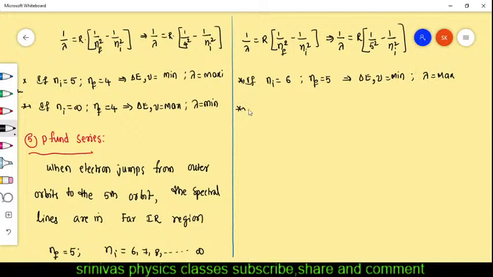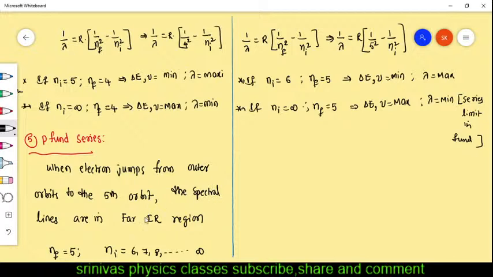If transition occurs from infinite to the fifth orbit, the energy released and frequency become maximum and the wavelength becomes minimum. This is called the series limit, in the Pfund series.